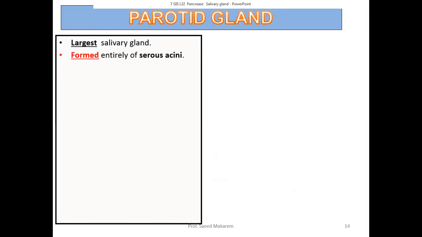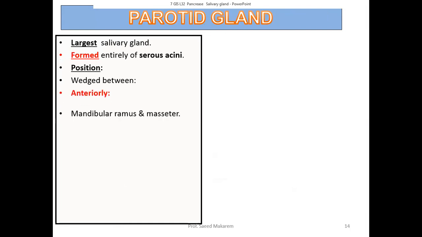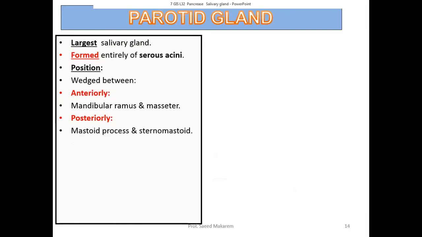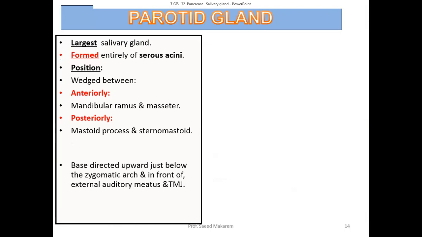Now some more details about the parotid gland. This is the largest of the three salivary glands, as we can see from the size, formed entirely of serous acini because it is serous secreting, as we saw. The position is that it is wedged between anterior and posterior structures. Anteriorly, we have the mandibular ramus and the masseter muscle.